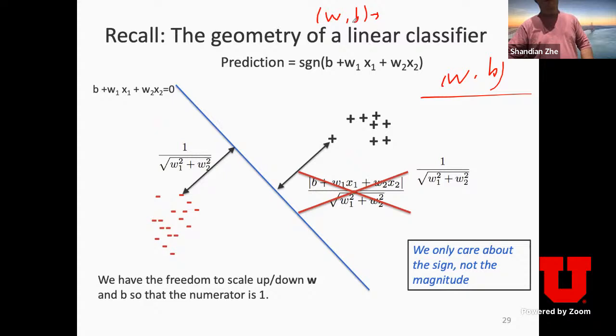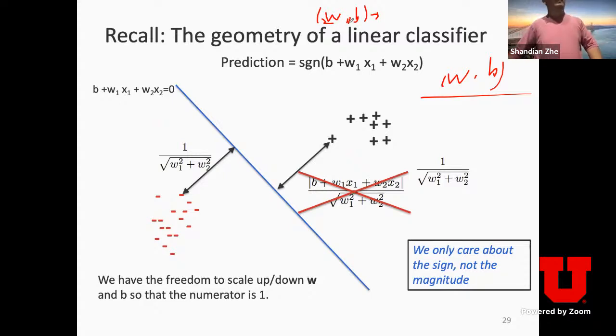If you multiply W and B by some arbitrary positive constant, it still corresponds to the same classifier. So for any classifier, you will have infinitely many weight vectors and bias parameters, and those different weight vectors and bias parameters differ only by a scale factor. Does it make sense?